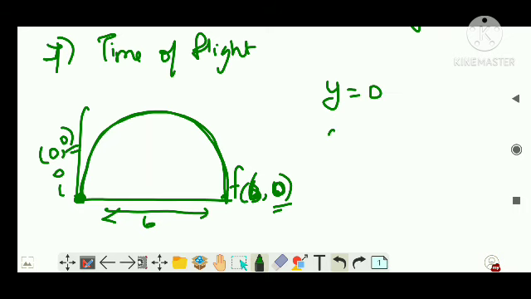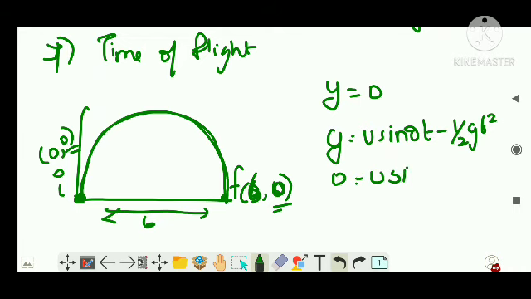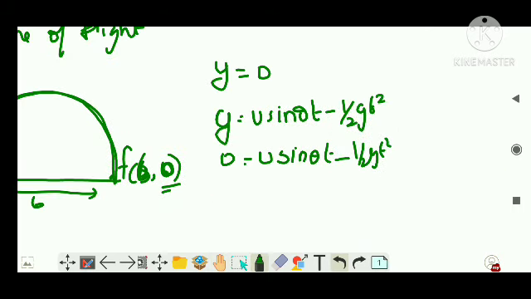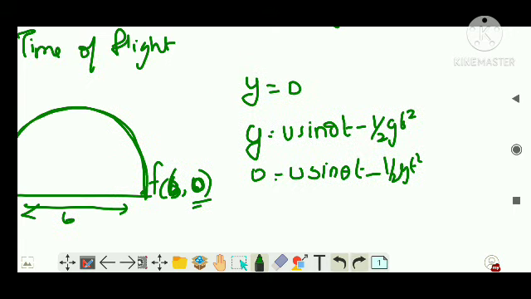Clear? Now what is the equation for y? y is equal to u sin theta t minus half g t squared. Now in place of y I'm going to write 0. It becomes u sin theta t minus half g t squared.